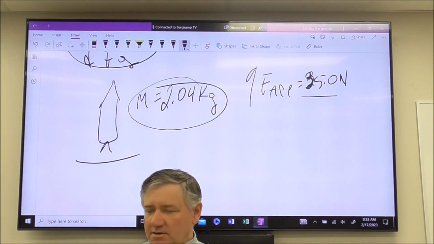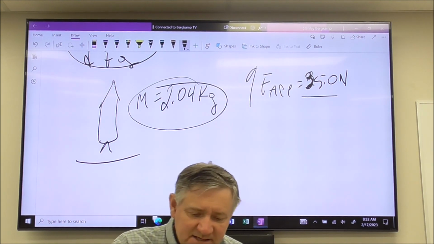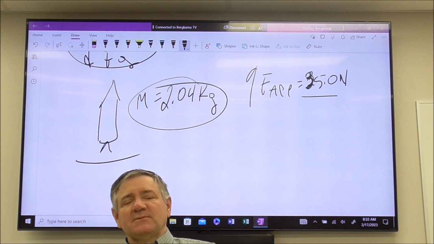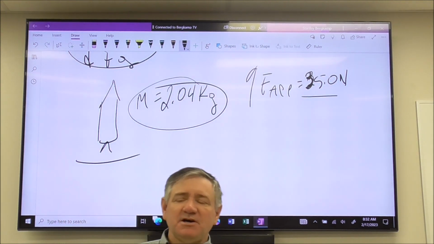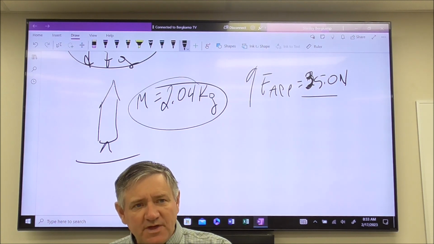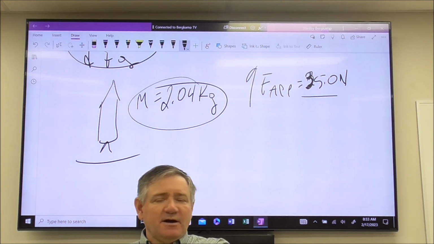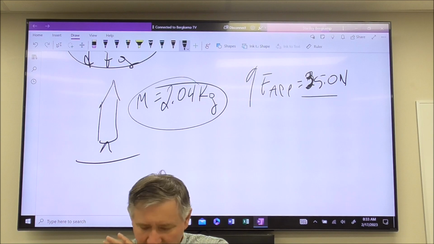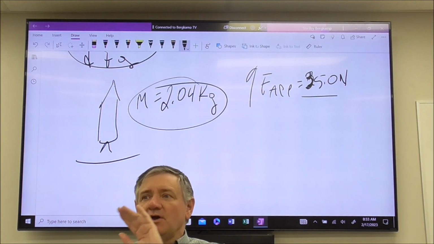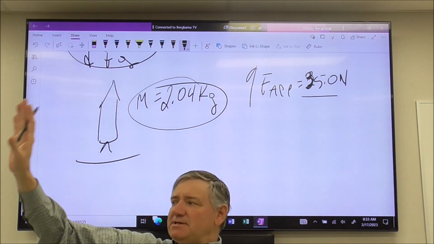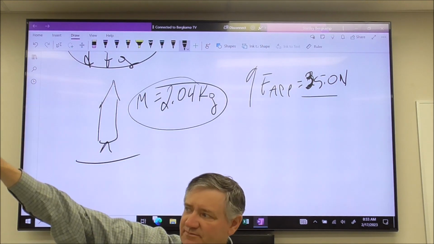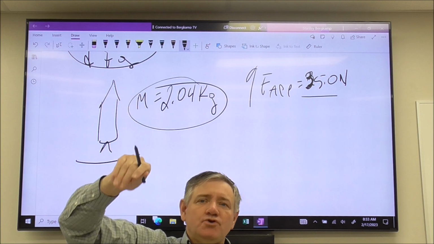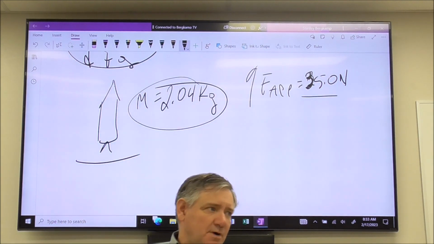Gravity mafia. Unless I explicitly tell you to not worry about gravity, you think through and you go, wow, I got to pay off the gravity mafia. Always do that. Unless I tell you you're in deep space where the effects of gravity can be ignored, you pay off the gravity mafia.